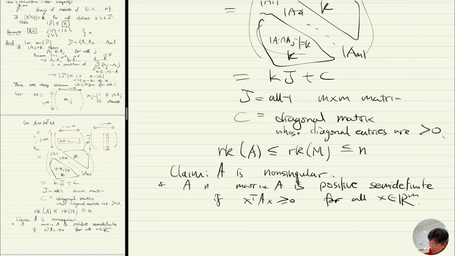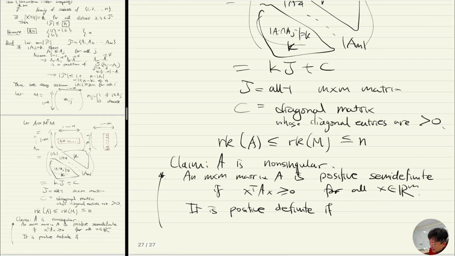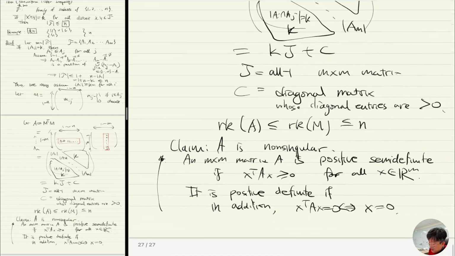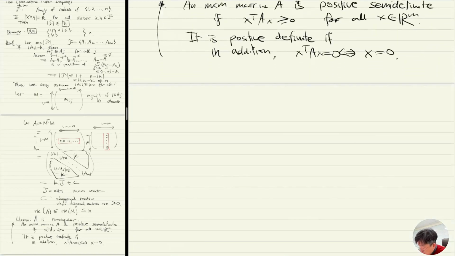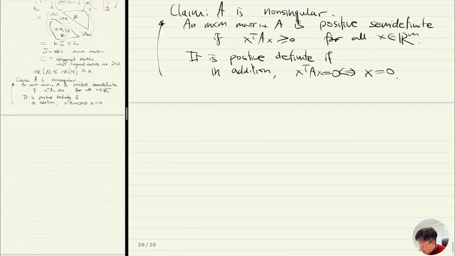Let's say this is an m by m matrix. And then it is positive definite if, in addition, X transpose AX is 0 if and only if X is 0. So equality holds if and only if X is the 0 vector.